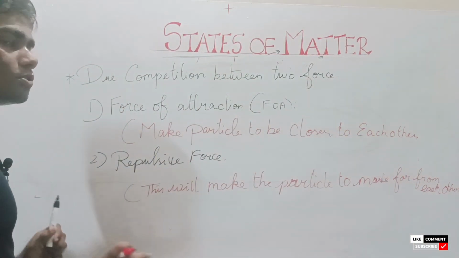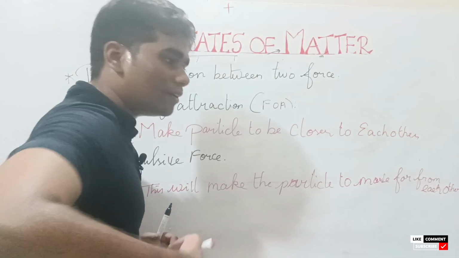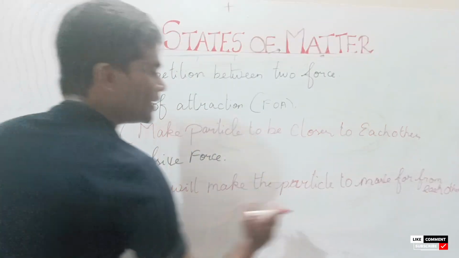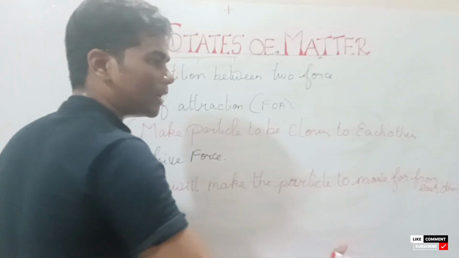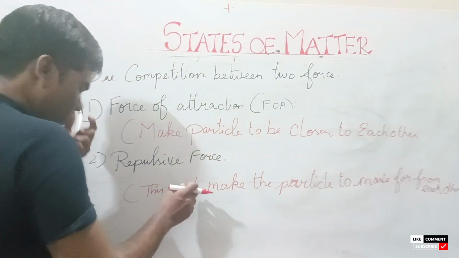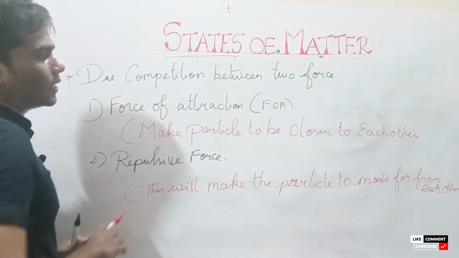This repulsive force will move the neighboring particle away from its own particle. So this will increase the distance between the two particles. That particle may be an atom or molecule, anything.